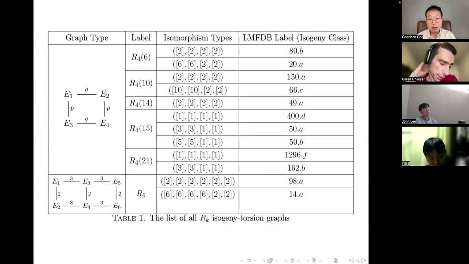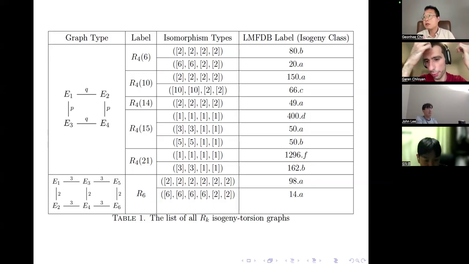I haven't shown you how Galois representations affect isogeny-torsion graphs, but I almost finished the classification of isogeny-torsion graphs. I think that's an important place to stop. So we will continue with the full classification of isogeny-torsion graphs later, and then see how Galois representations can be used to work with isogeny-torsion graphs.